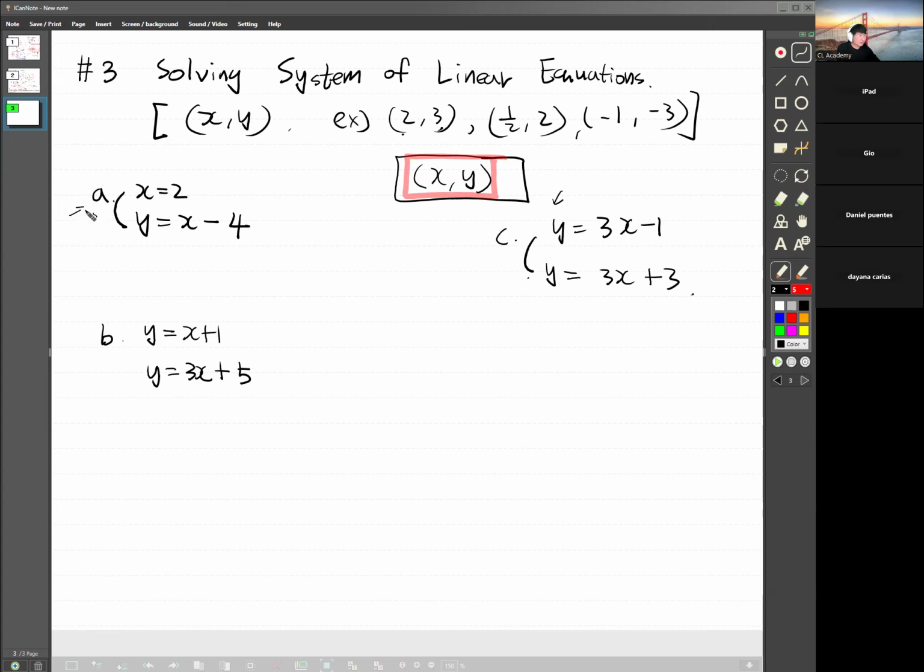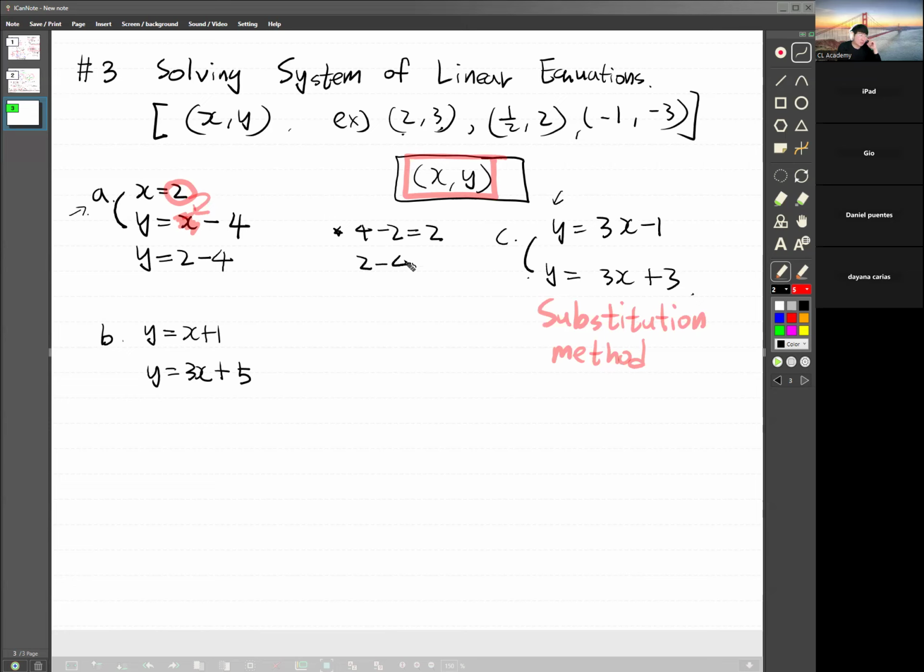Other people, okay, let's do A together. What we're going to do is the substitution method. What is the substitution method? We're replacing, we're exchanging. We're replacing x with a 2. So I'm going to substitute here. Then we will get y equals 2 minus 4. Be careful here. 4 minus 2 is 2, yes.